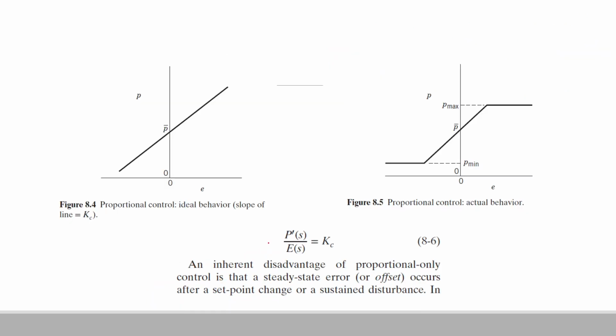Then here we have the graphs related to the controller output and the controller input, that is the error, for the proportional controller. If error increases, then according to the control law, the control action, that is P, will keep on increasing.